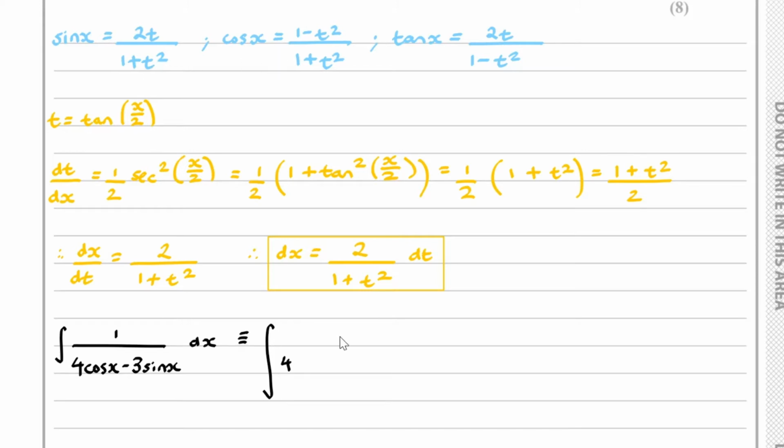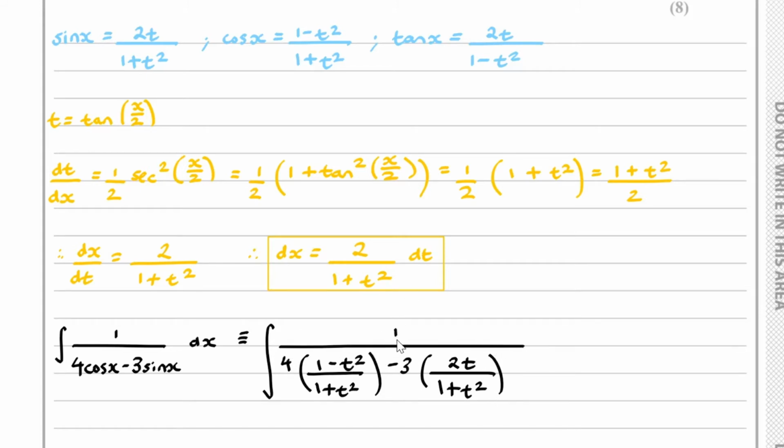Cos x we just said was 1 minus t squared over 1 plus t squared. And then we have minus 3 sine x, so minus 3 lots of 2t over 1 plus t squared. On the top, obviously, we have 1. And we also have dx, which we just said is 2 over 1 plus t squared dt.